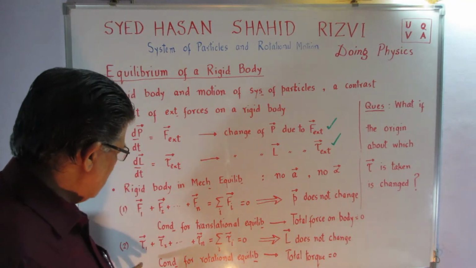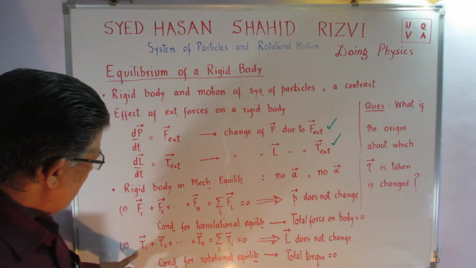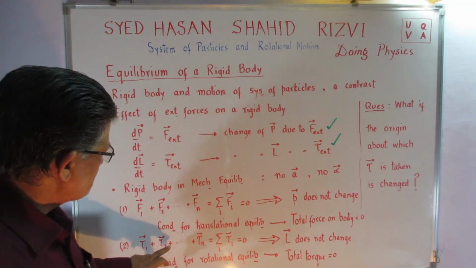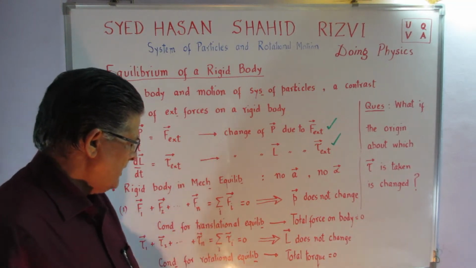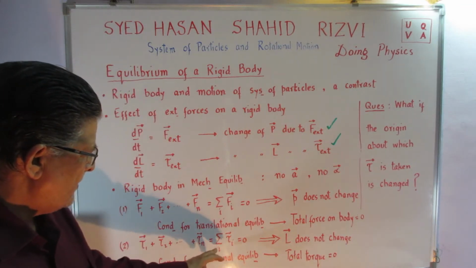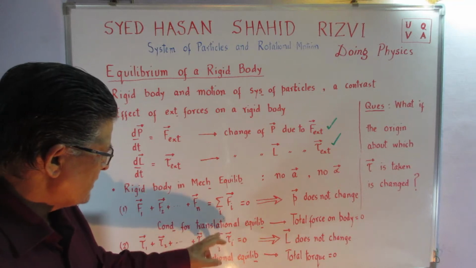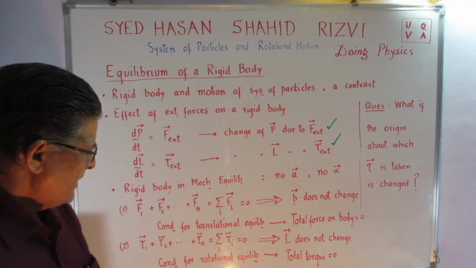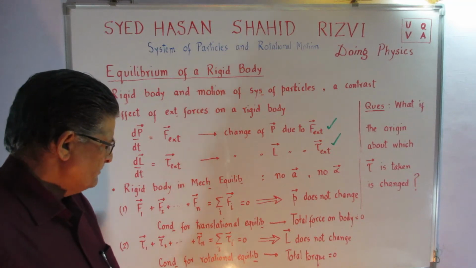Similarly, I take this equation: tau 1 plus tau 2 plus tau n is equal to sigma tau i, taken over i from 1 to n for all the particles, all the constituents, all the masses that are there.